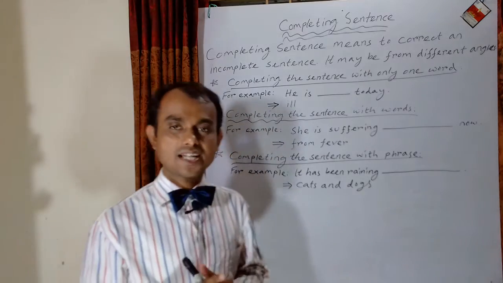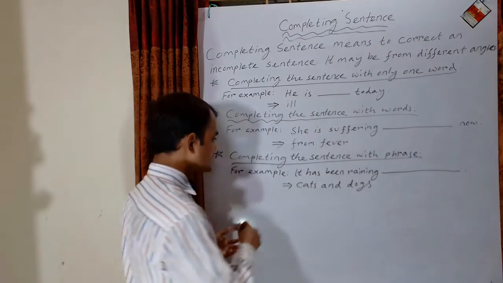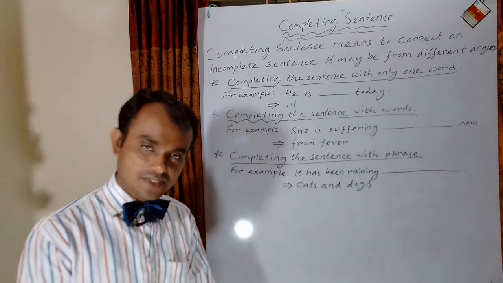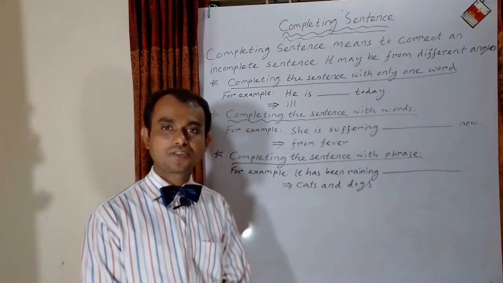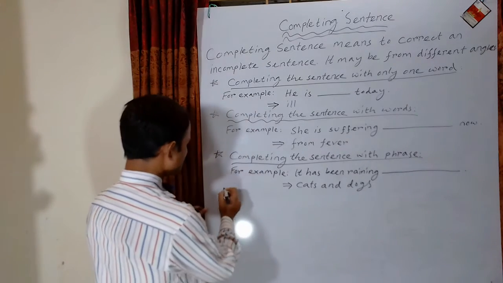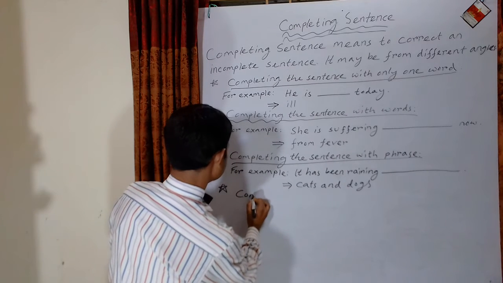If I use cats and dogs, its meaning will be okay. It has been raining cats and dogs. Cats and dogs is a phrase. Okay, it has no subject and no finite verb. Dear students, the last angle, completing the sentence.